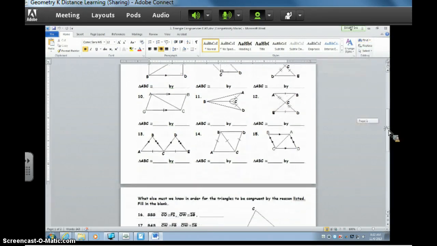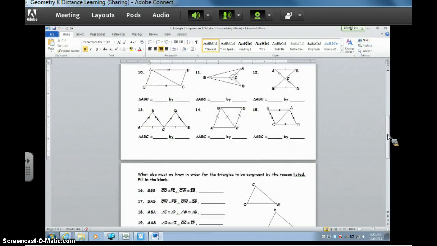Number 10, another one with parallel lines. Now notice this one's a little bit different because we've got parallel lines, but they also have a tick mark. So not only are they parallel, they're also congruent. Let's mark the shared side. I'm using a double tick mark because I've already used a single tick mark. And then we need to mark our alternate interior angles.